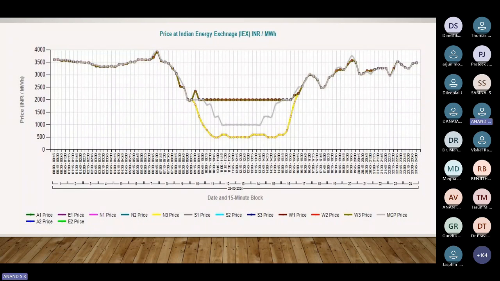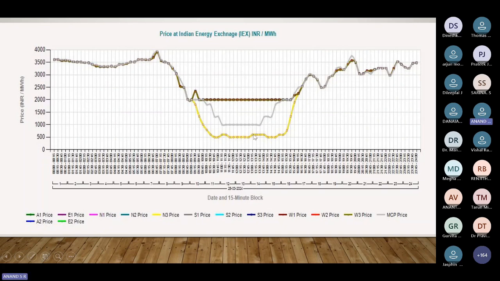And again, in the Western region also, we have three sub-regions, and this is the market clearing price. This MCP means market clearing price. This is the market clearing price without any constraints, but with constraints, we had a lower range of, say, even up to 50 paise per unit during the daytime, because power is surplus in some area, that is in N3.